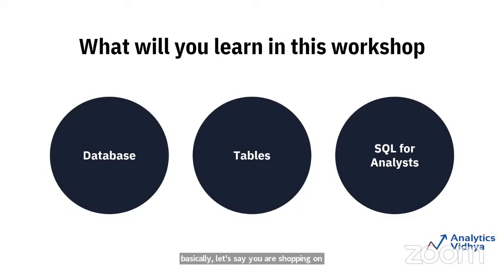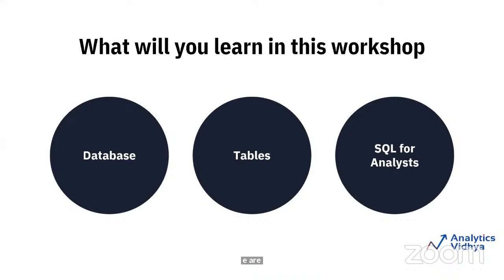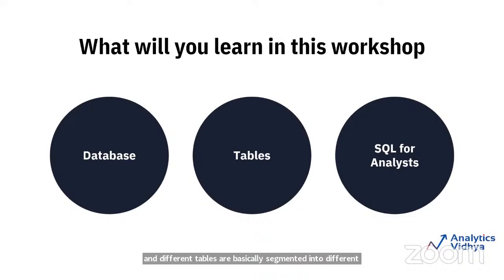One would be a customers table, one a products table, one an orders table. So different elements are related to the data. We hold that data in tables, and different tables are segmented into different parts so that it's easy to organize the data into those buckets, so that they can be segregated, there is no duplication, and the data is unique.